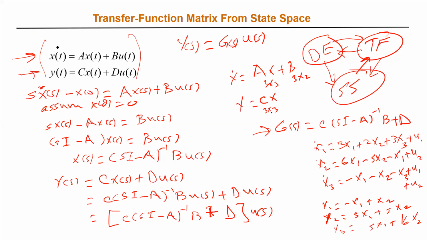So definitely, back to your observation, I cannot commute between A or between B and (sI minus A) inverse. This is not possible. Whenever you have matrices, you have to be careful in your calculation.